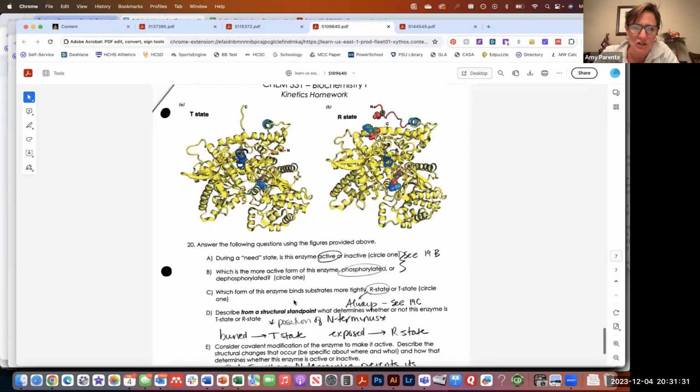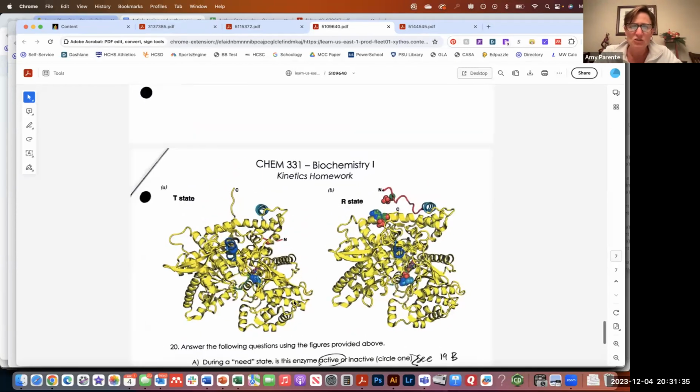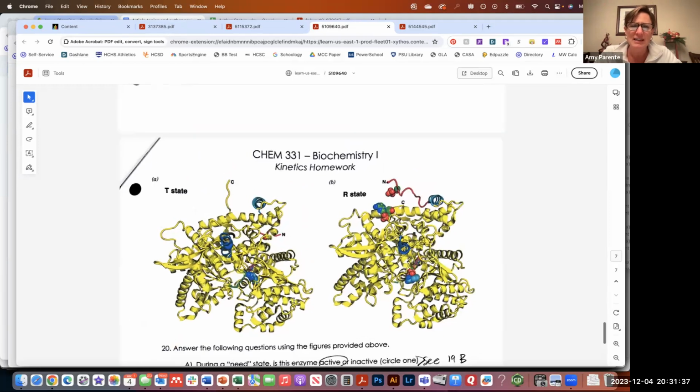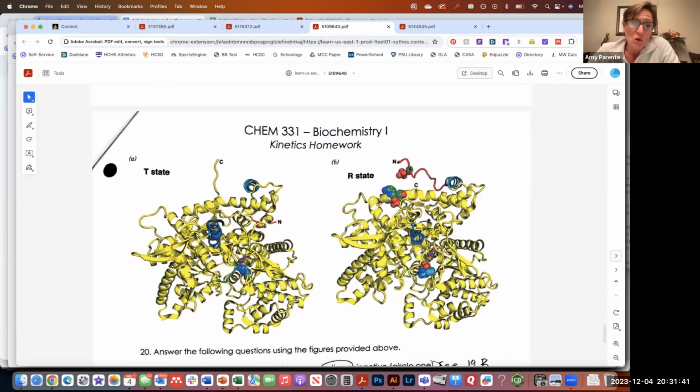And that's this picture, right? There are a couple of pictures that you're likely to see on your exam, and you need to be able to explain, if you don't see pieces on here, which one of these is T state, which one's R state. How do you know, right? In this case, R state is determined by the position of the N terminus. If it's external, it's R state. If it's buried, it's T state. And at its core, it has to do with whether or not that serine 14 is phosphorylated.